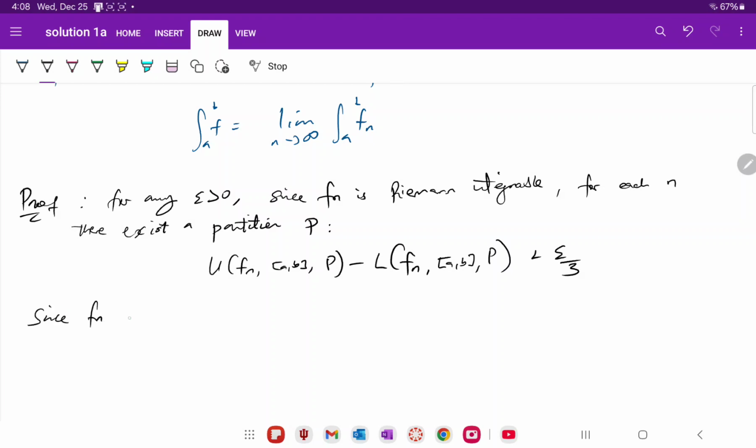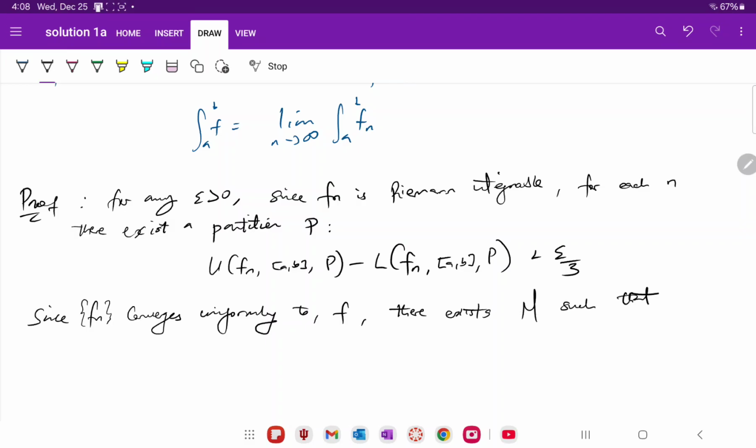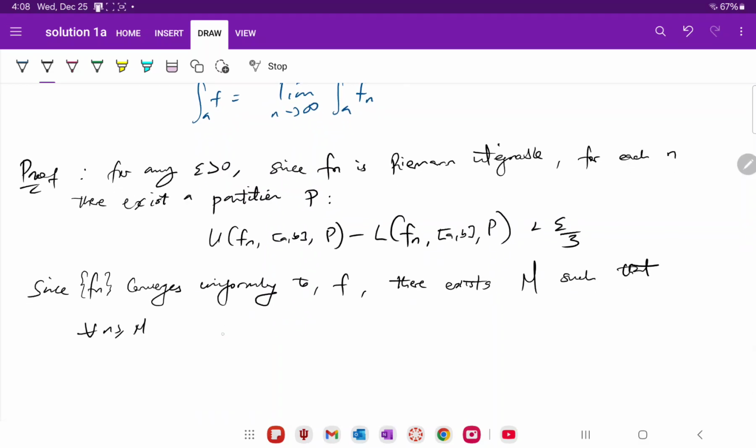So since fn converges uniformly to f, by the definition there exists an N such that for all n greater than N, the difference between fn and f can be made very small, epsilon over 3(b minus a), for all x that belongs to [a,b]. So that's just by the definition.